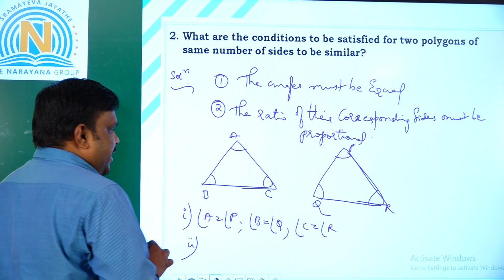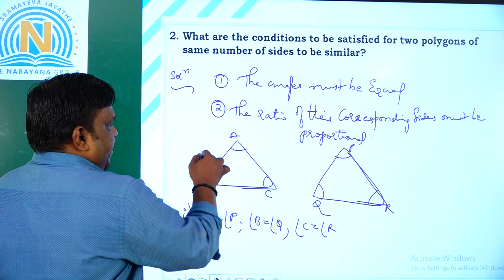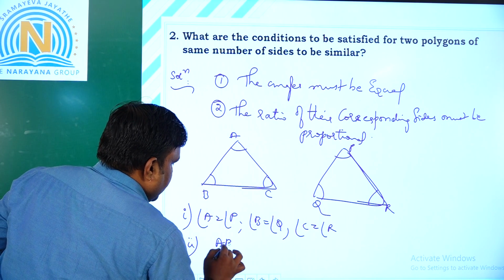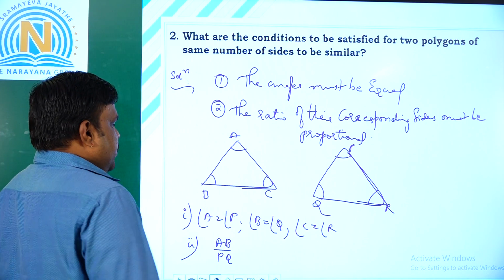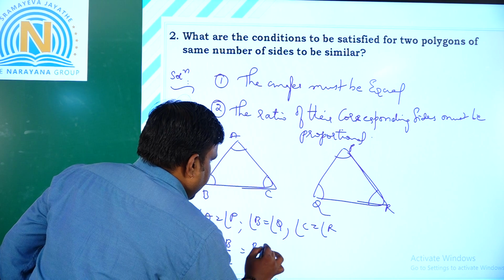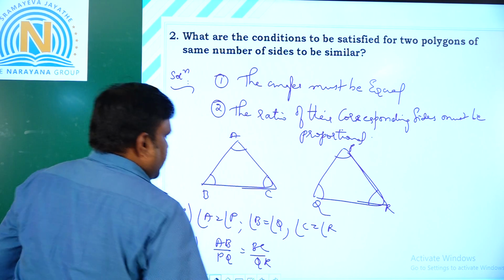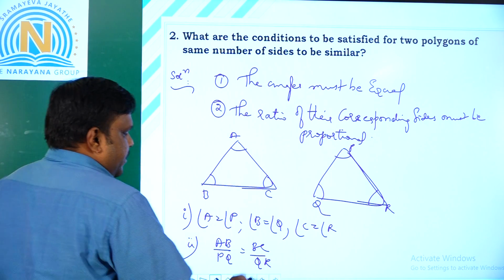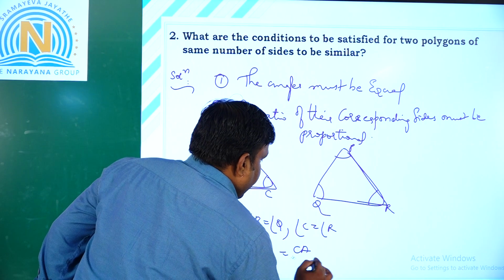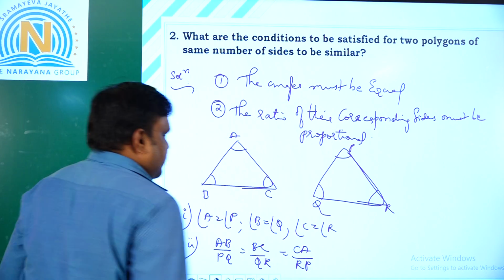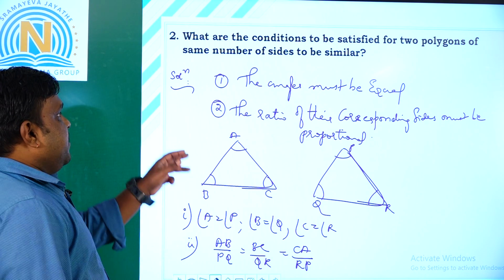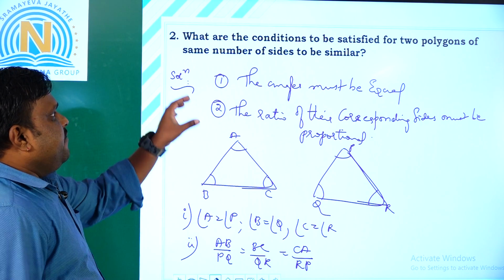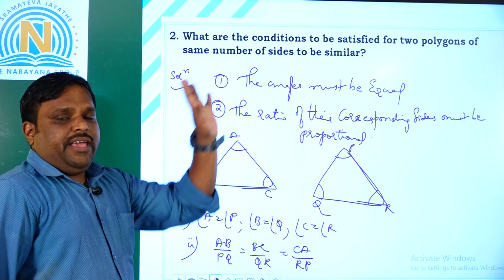And with respect to that, the ratios of the sides, AB by PQ is equal to BC by QR is equal to CA by RP. All three must be equal. These are the conditions to be satisfied for polygons of the same number of sides to be similar.